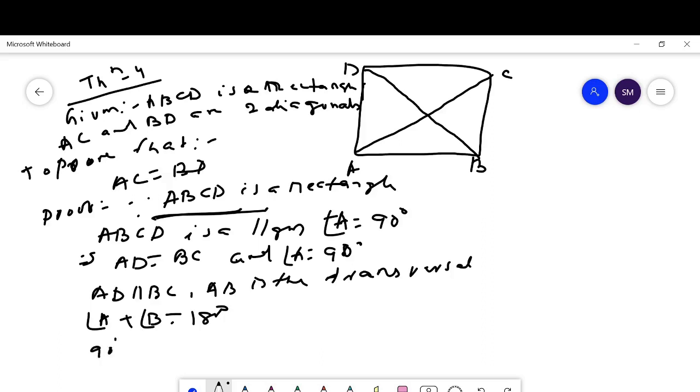As we know angle A is 90 degrees, then 90 degrees plus angle B is 180 degrees, which implies angle B is equal to 90 degrees.